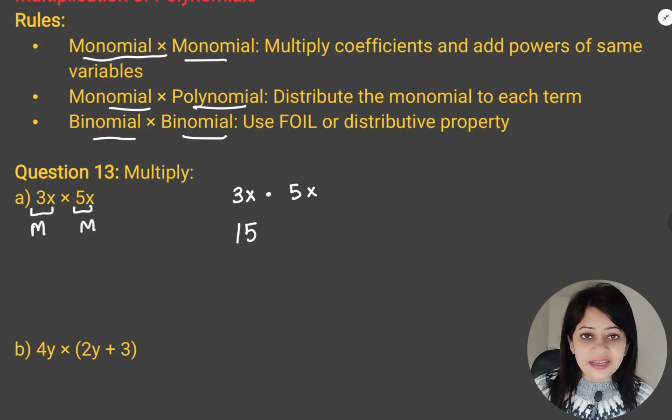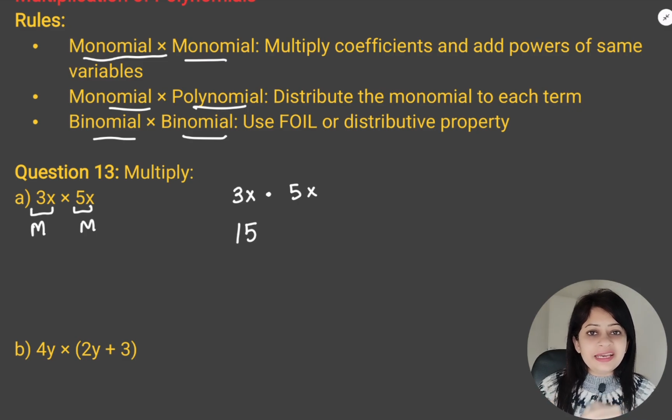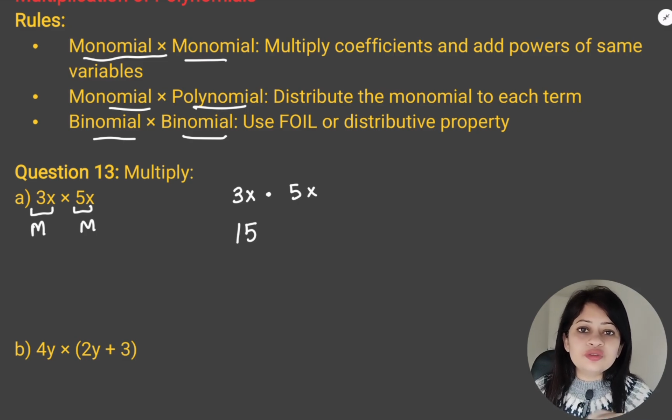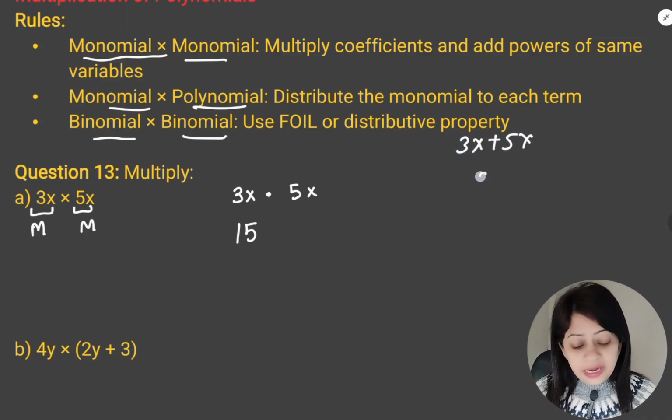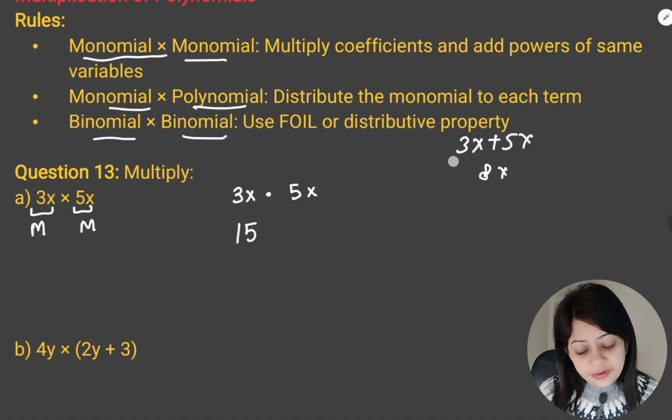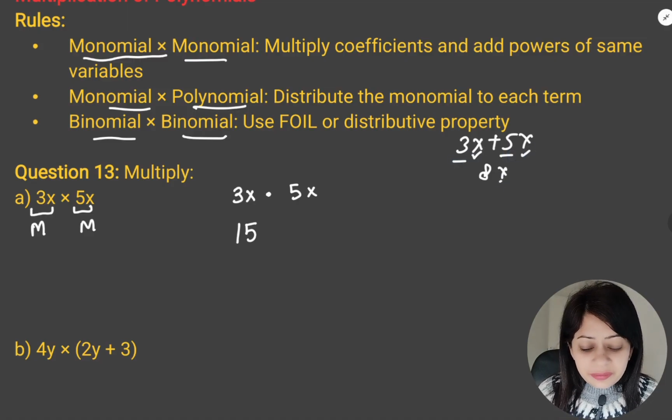This is a tricky question now. When you were adding monomials or like terms, what were you doing? You were just writing x as it is and solving the coefficients. Like if it was 3x plus 5x, you will just write 8x. That is, add the coefficients and write the variable as it is. But you don't do this in multiplication.